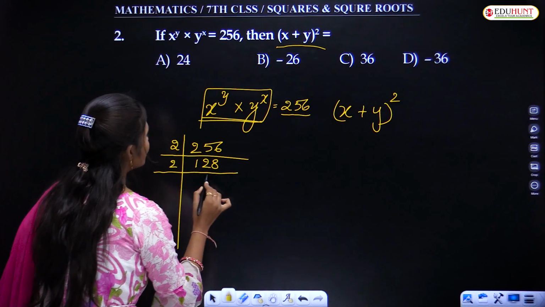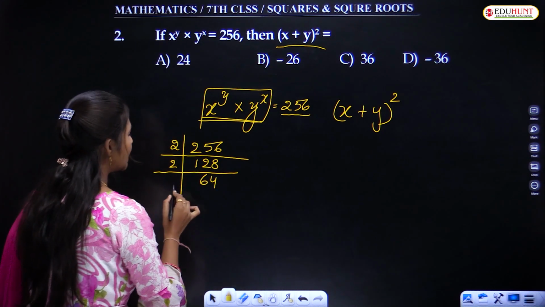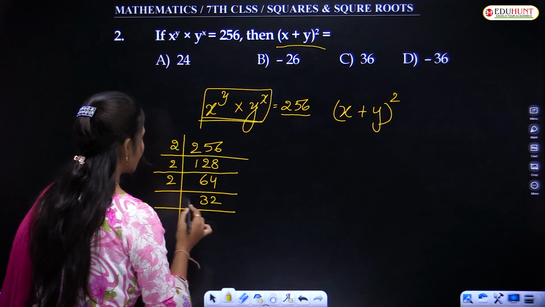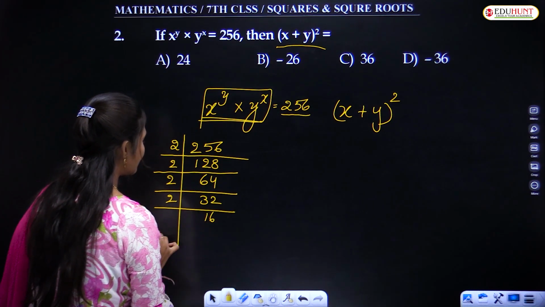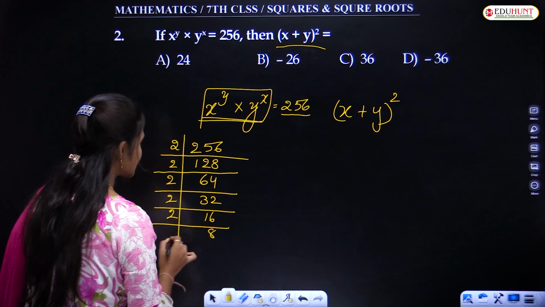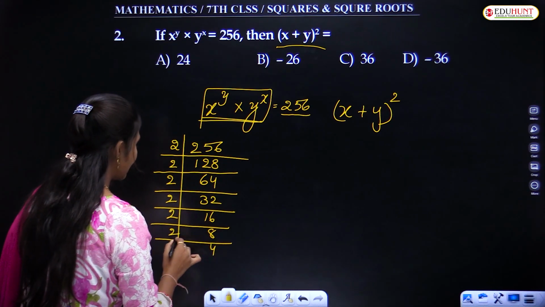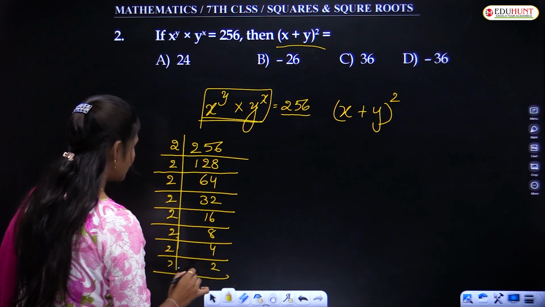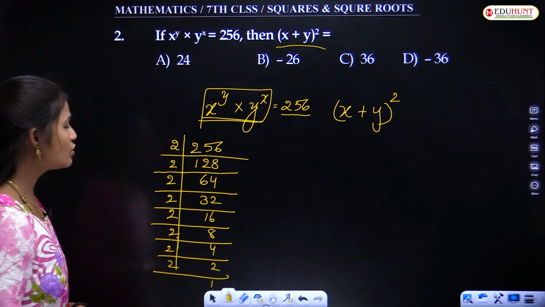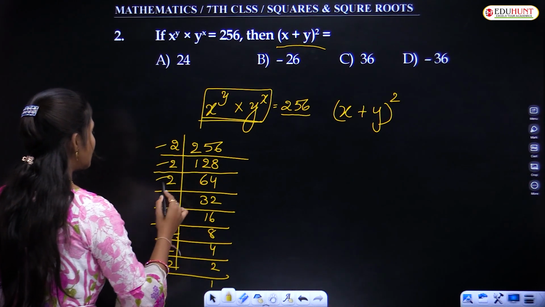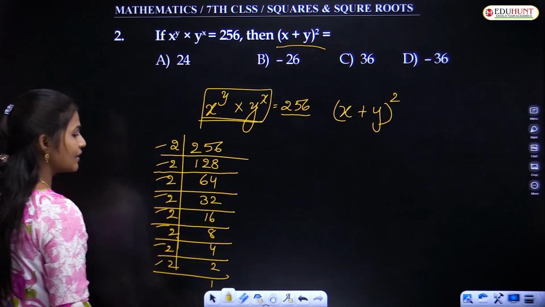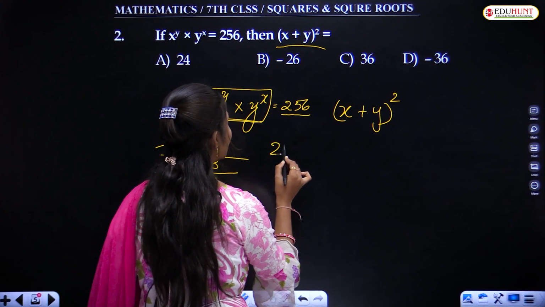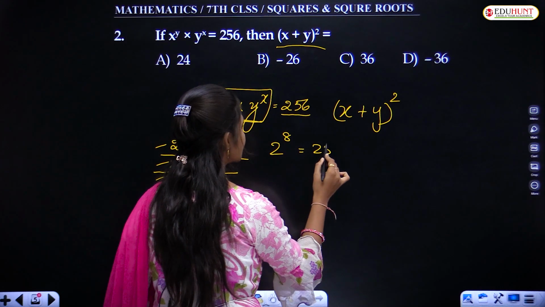Next, 2 into 64 is 128. 2 into 32 is 64. 2 into 16 is 32. 2 into 8 is 16. 2 into 4 is 8. 2 into 2 is 4. And the final one, 2 into 1 is 2. Clear? Just observe, 1, 2, 3, 4, 5, 6, 7, 8: 2 is repeated 8 times, which means 2 power 8 is equal to 256.